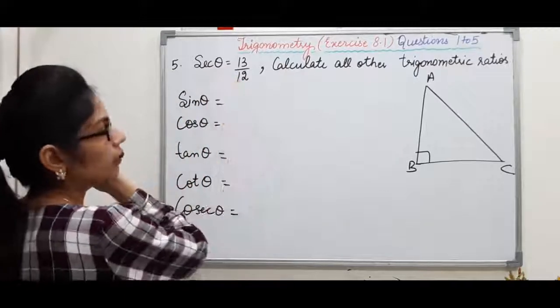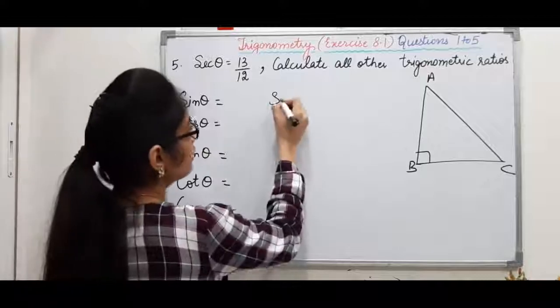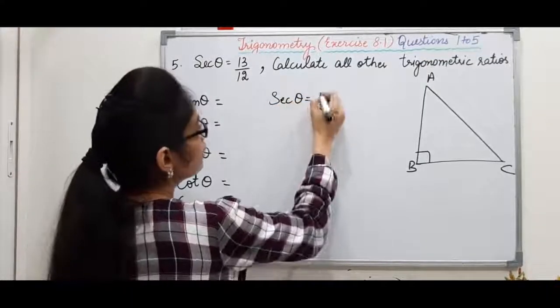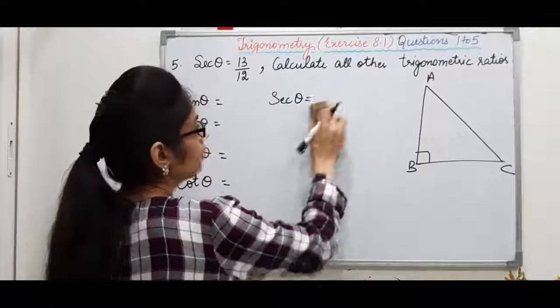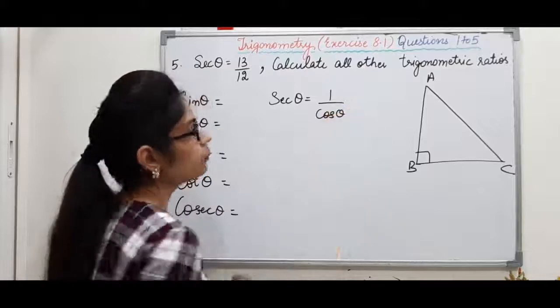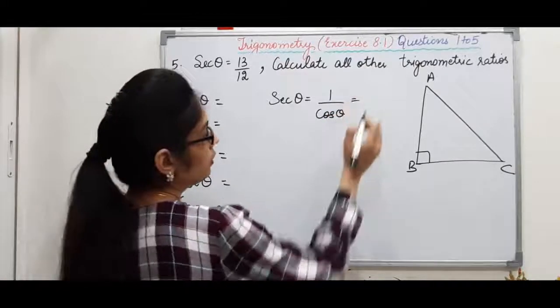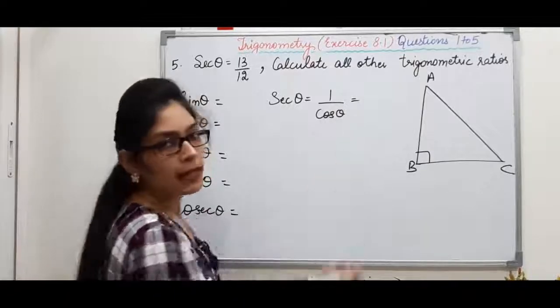Now secant theta, first of all you should know what secant theta is. Secant theta is 13 by 12, and we know it is a reciprocal of cos theta. Cos theta is base by hypotenuse.